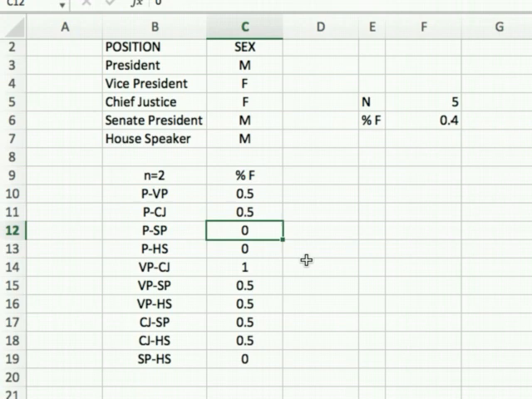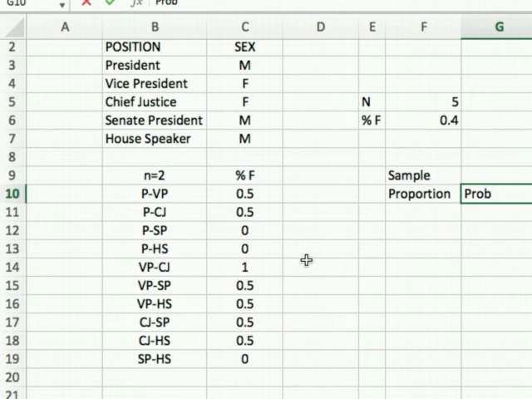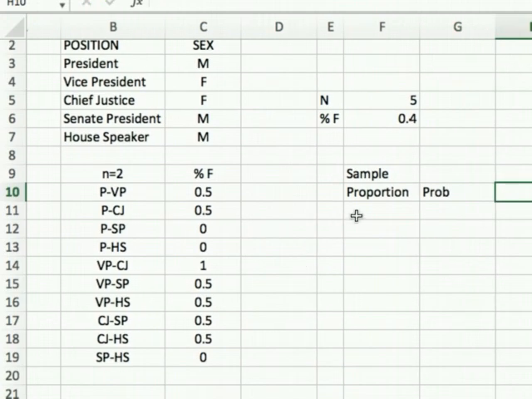Now, using these values, we can construct the sampling distribution of the sample proportion. So again, the sampling distribution of the sample proportion requires the values for the sample proportion and their probabilities. So here we only have 3 unique values for the sample proportion.